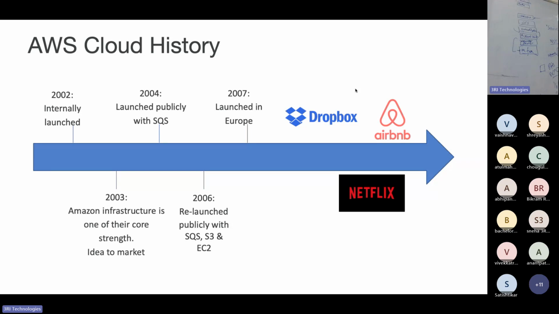For example, I want a machine. So where do you go? You go and ask for a compute service for a machine. But how do you even tell that? You need to have some standard place where you can go and ask.